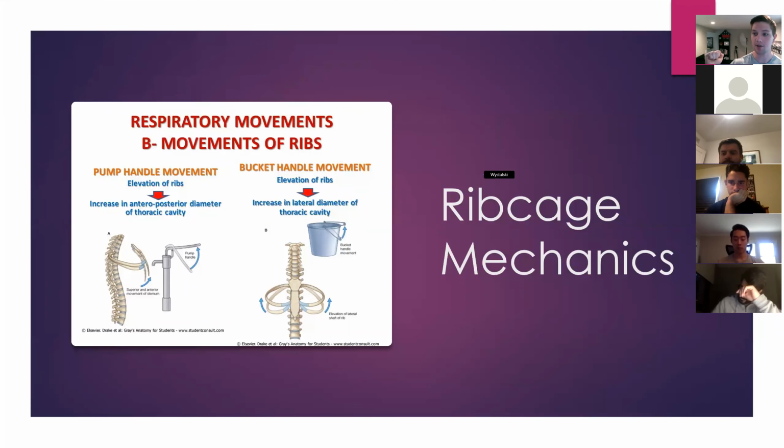So think about it like transverse diameter. Think about it like inhaling, swinging out, exhaling, swinging back in. Whereas pump handle is just more anterior to posterior. These lower ribs of the bucket handle also do not have as strong attachments as the pump handle ribs. And that's also going to matter later.